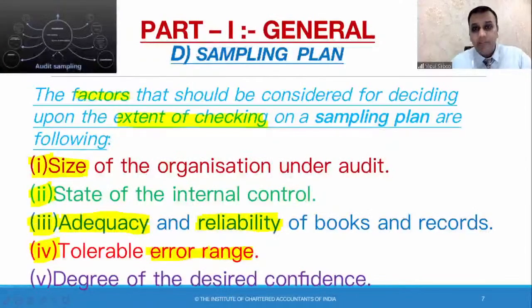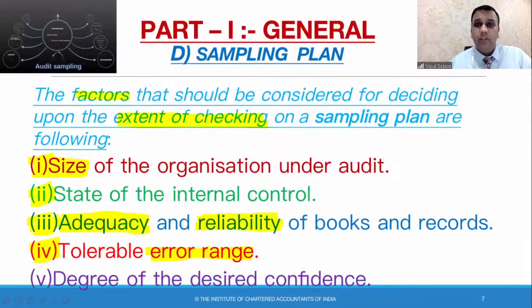Tolerable error means the error in the books of account or the controls which the auditor feels is normal, common. You cannot just avoid it. The client organizations cannot just avoid it, and it is assumed by the auditor that these are the common errors which we are going to find in every kind of organization.